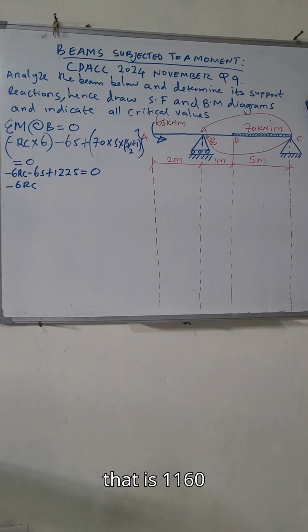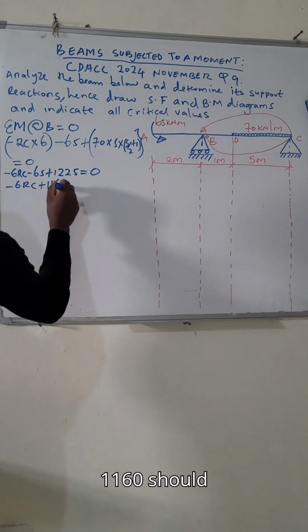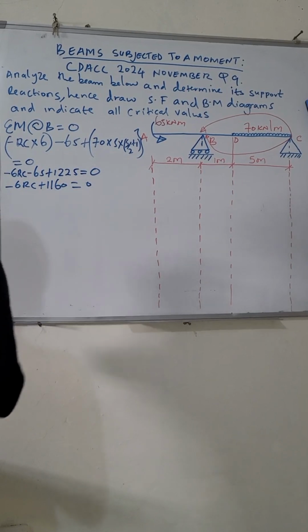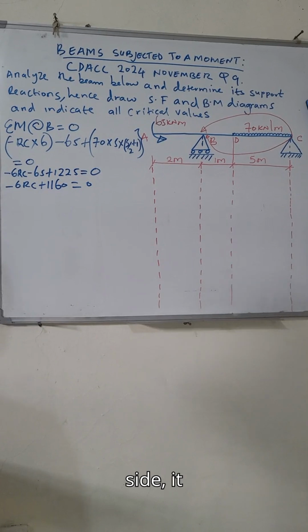That is 1160 plus 1160 should give you 0. When minus RC crosses to the other side, it changes sign from negative to positive.